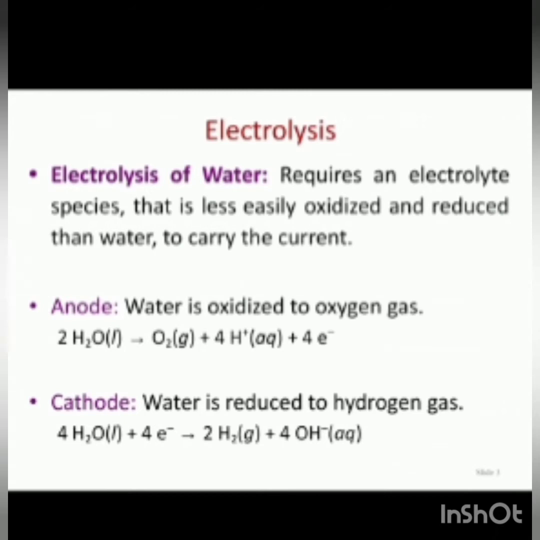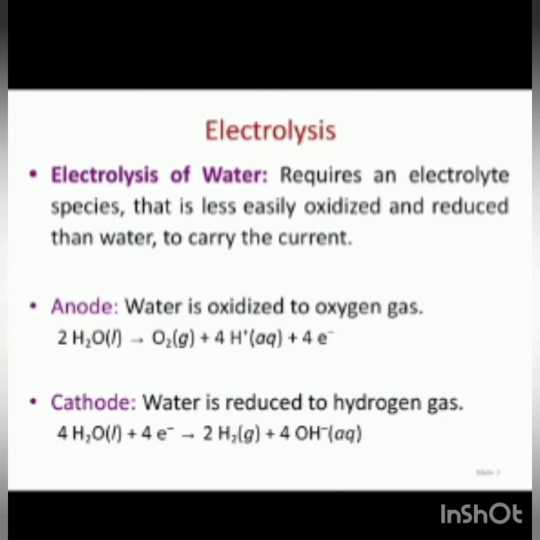Electrolysis of water requires an electrolyte species that is less easily oxidized and reduced than water to carry the current. As we know, electrolysis of water involves anode and cathode reactions. At the anode, water is oxidized to oxygen gas.